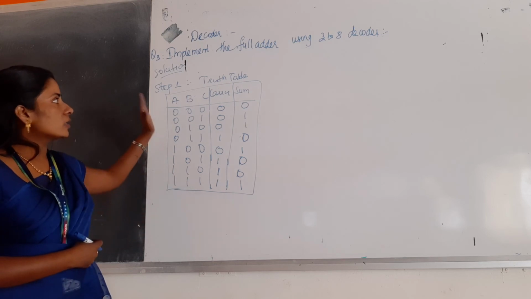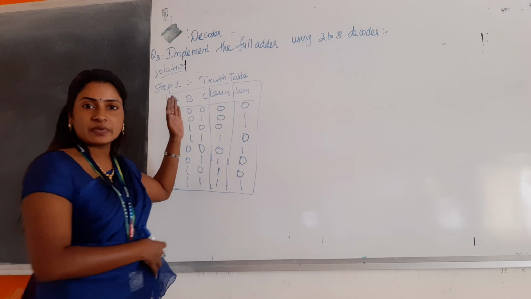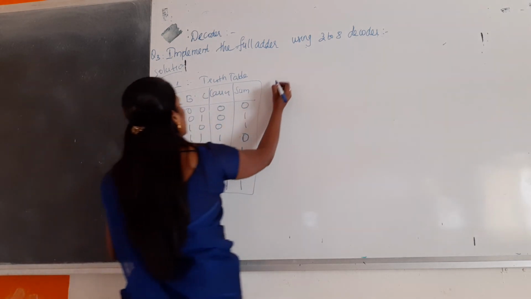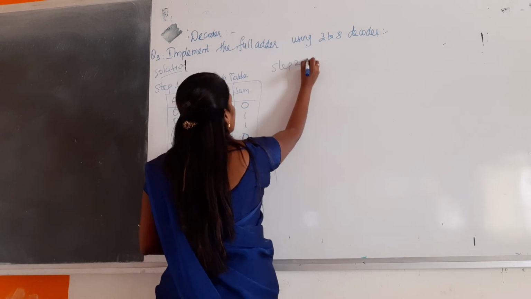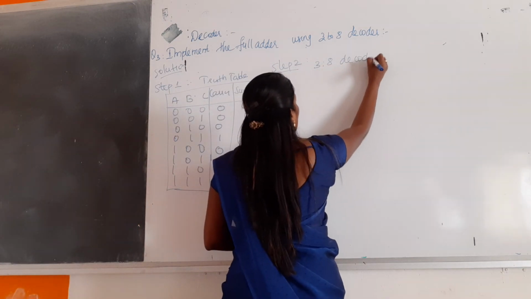Now we have to convert this truth table to the decoder. So we have to implement this truth table using a 3 to 8 decoder. So in step 2, decoder implementation.